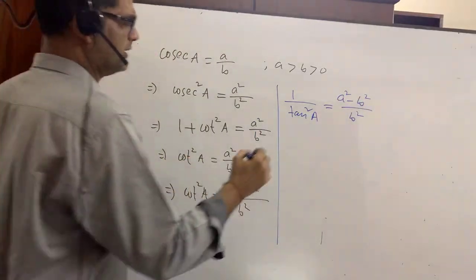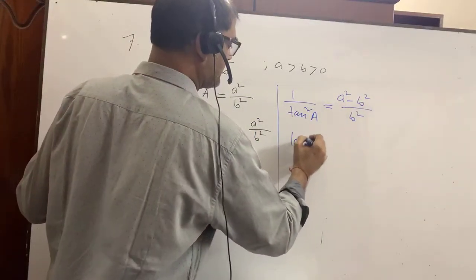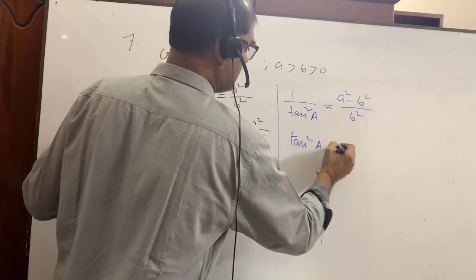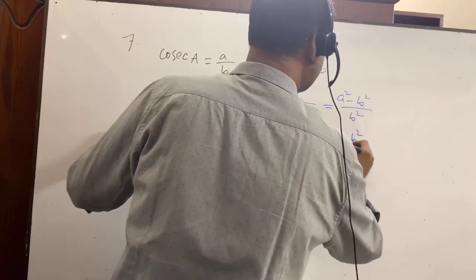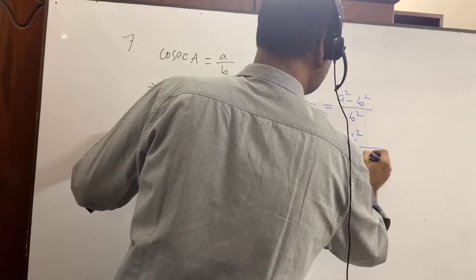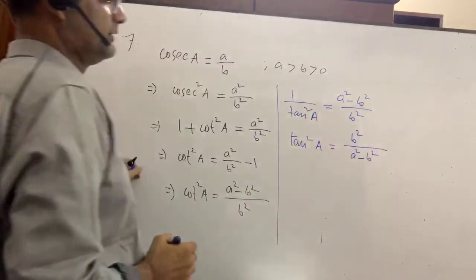Now you see, by invertendo, tan square A is equal to B square by (A square minus B square).